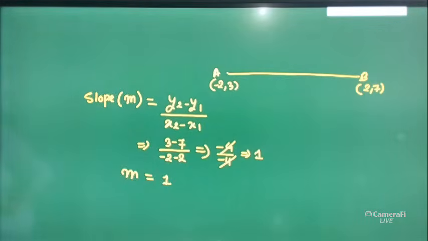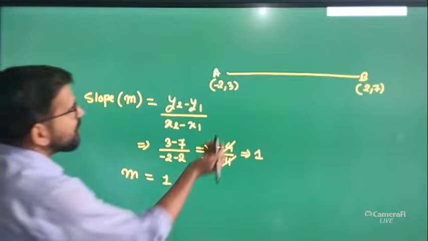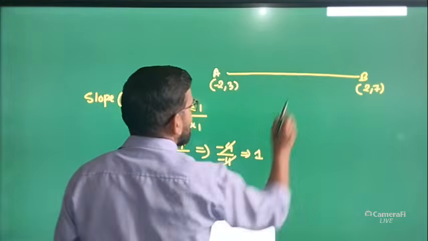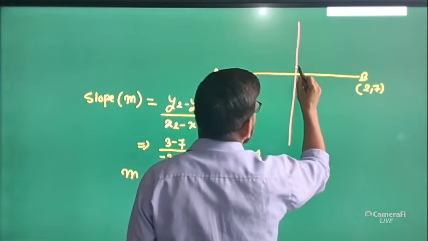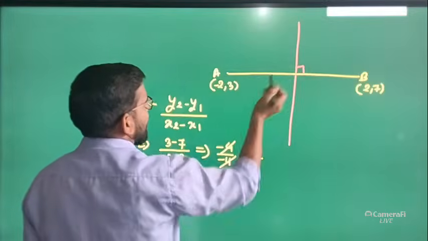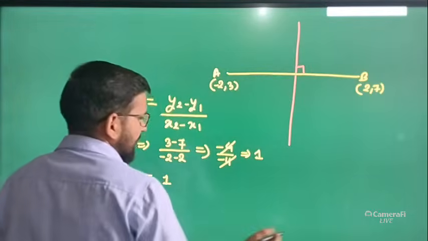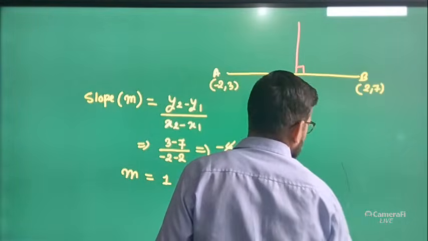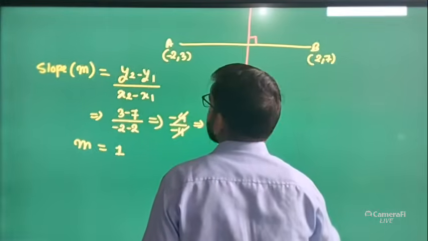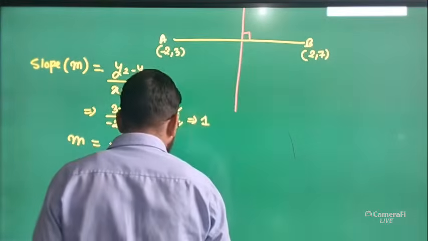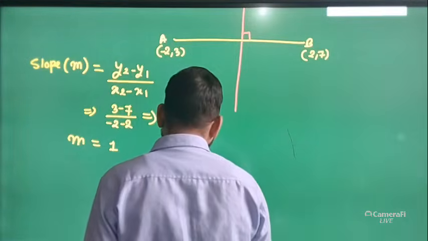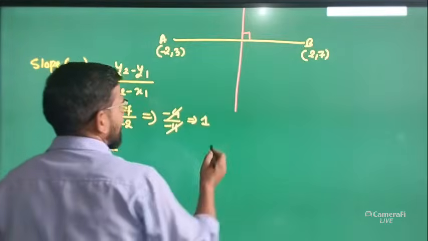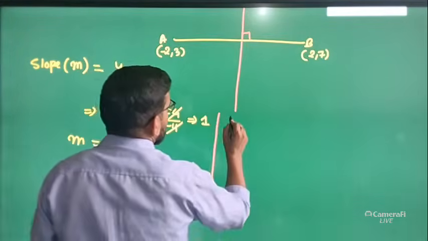Second part of this question says, slope of a line perpendicular to AB. He is asking us to find the slope of a line which is perpendicular to AB. So let us say this is the line. In our previous class, I taught you that if two lines are perpendicular to each other, what is the condition? First let us assume something.